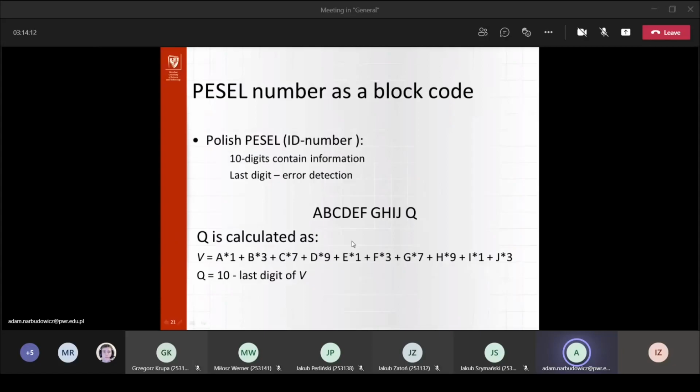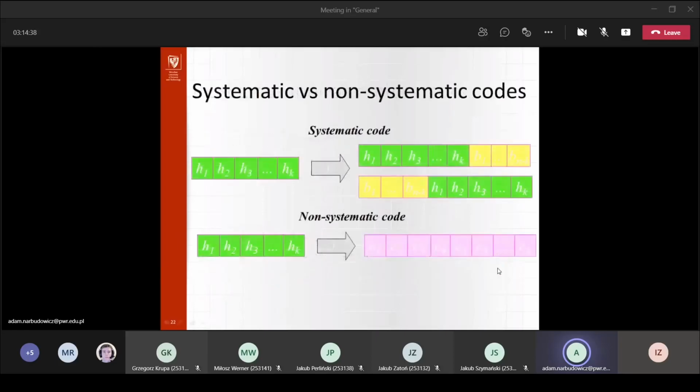So this is actually a really quite smart way of detecting errors using a form of block code. In this case, of course, we just add one additional digit to the information contained between A and J. And if you want, you can actually calculate your own PESEL number, whether this checks and adds up.